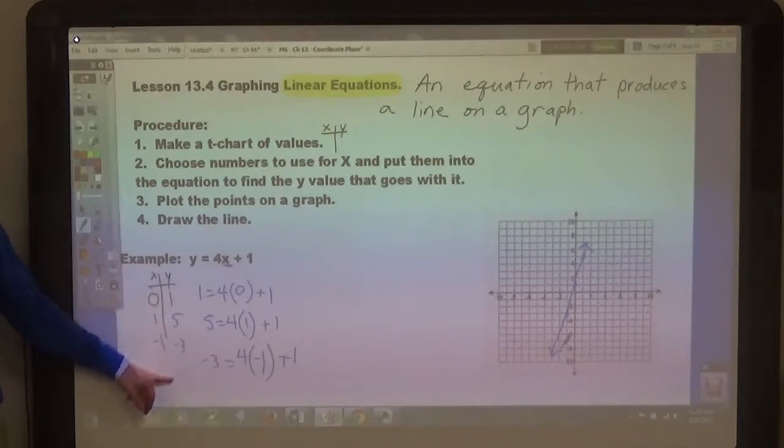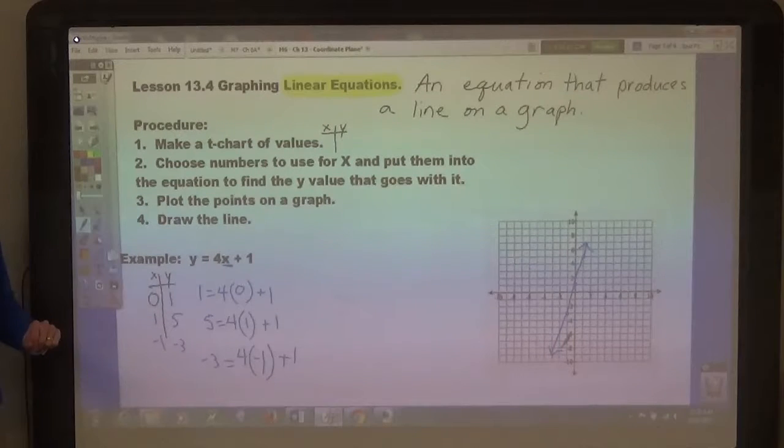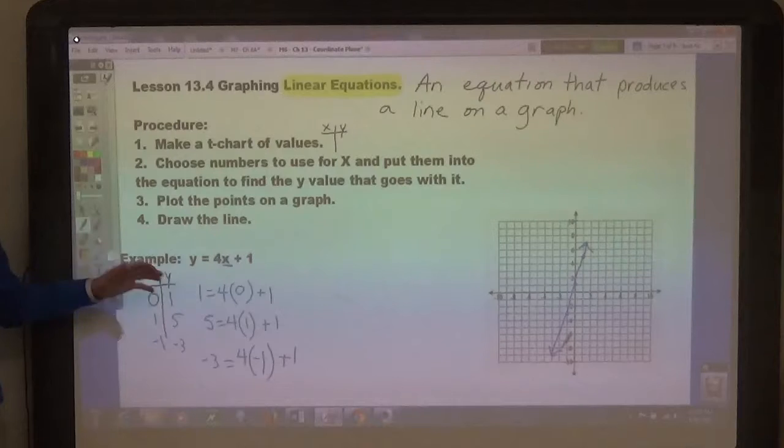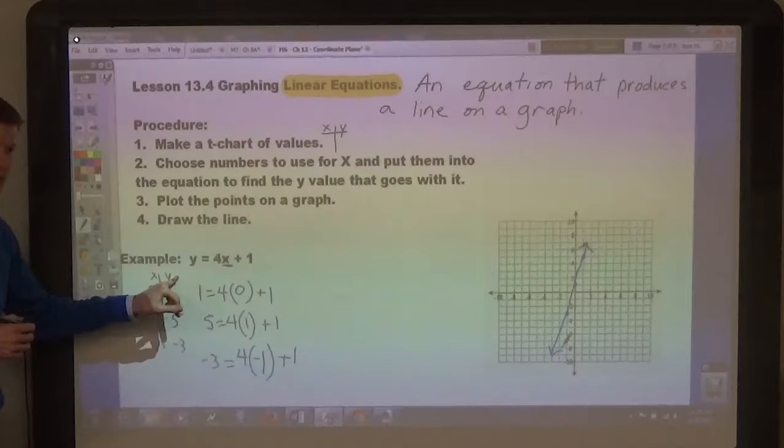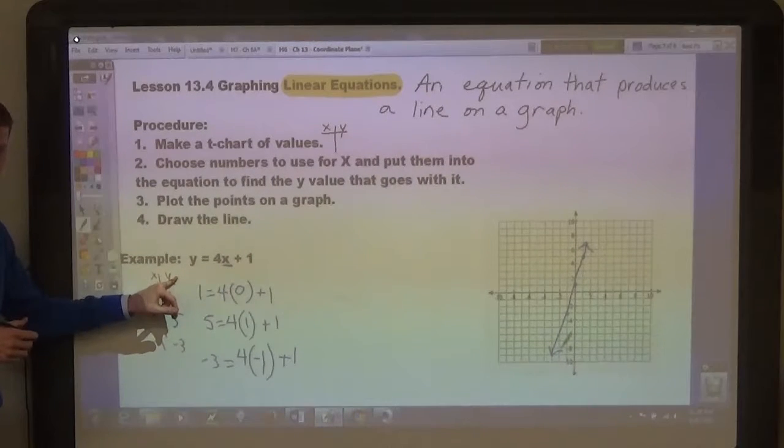How many solutions are there, Krista? How many are there really that would work for this equation? More than that. Could we pick any number for x and find the number that goes with it? Any number, negative or positive, right?